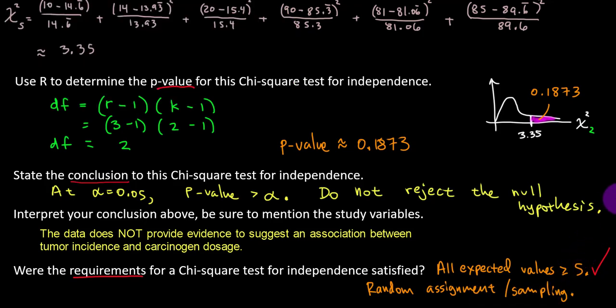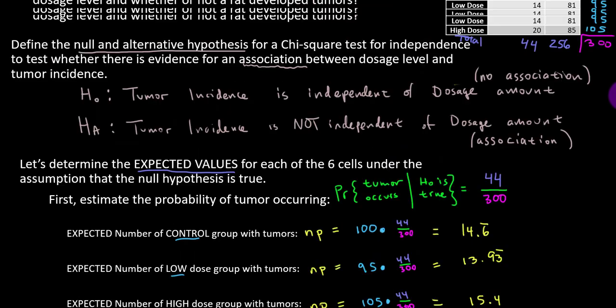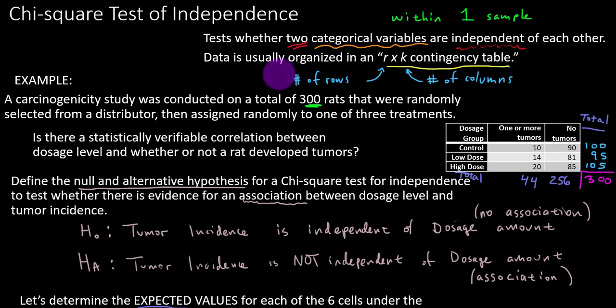If we scroll up, we see that the 300 rats were randomly selected and randomly assigned to the 3 treatments. So this was a completely randomized design.